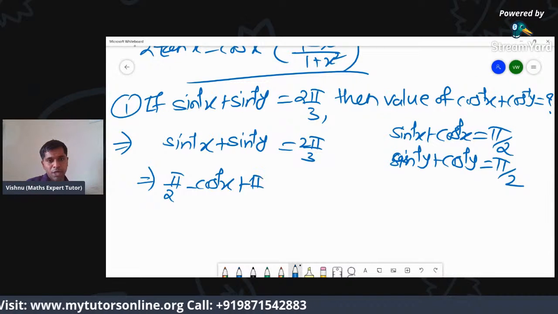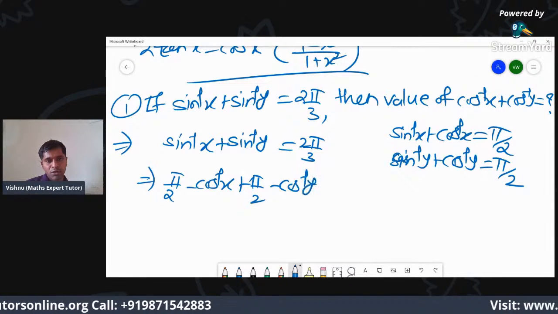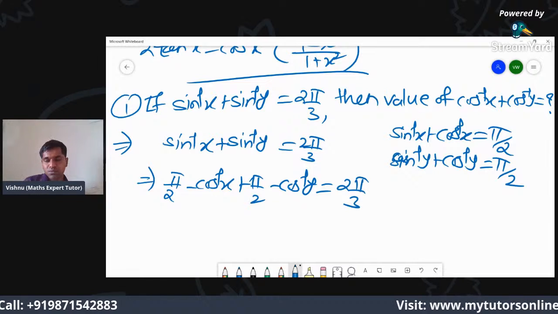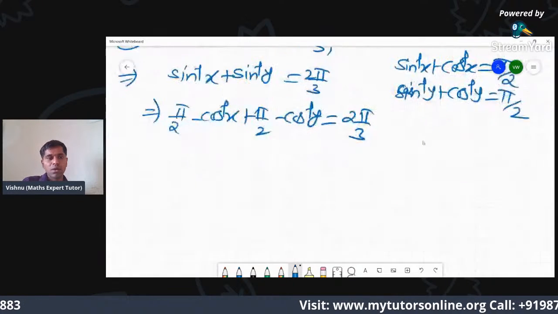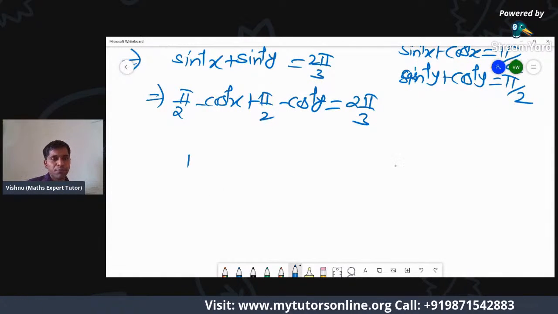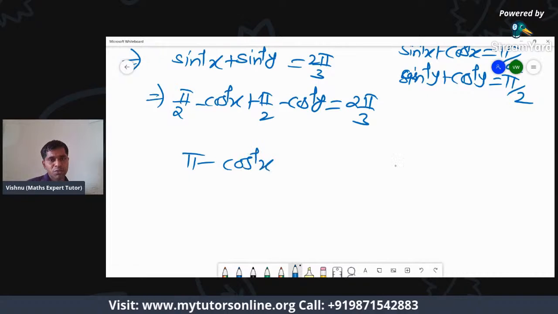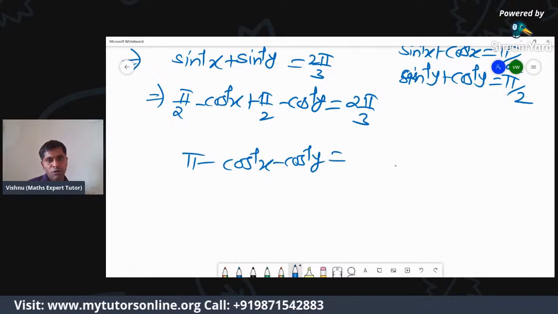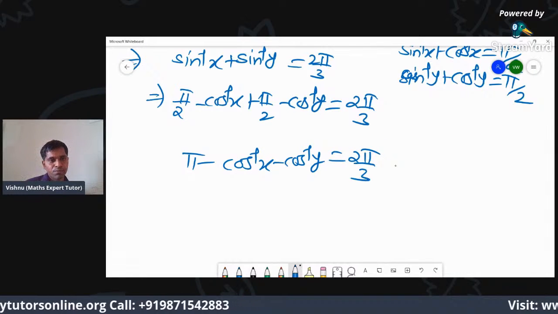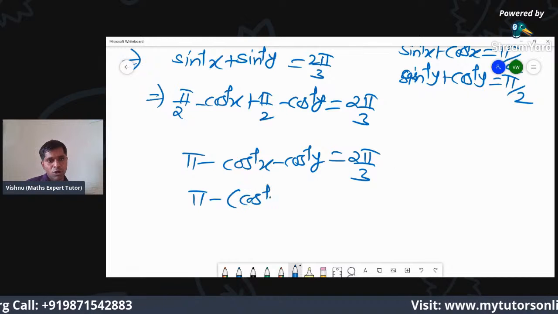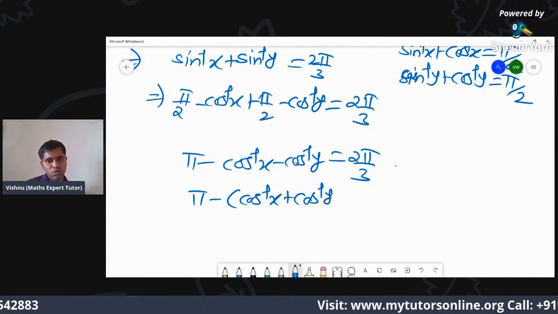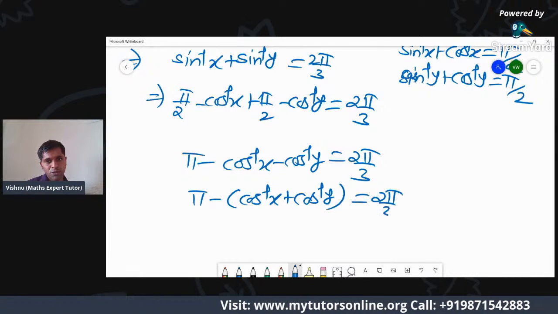So this will be pi by 2 minus cos inverse y. Now pi by 2 plus pi by 2 will become pi, minus cos inverse x minus cos inverse y is equal to 2 pi by 3. So pi minus (cos inverse x plus cos inverse y) is equal to 2 pi by 3.